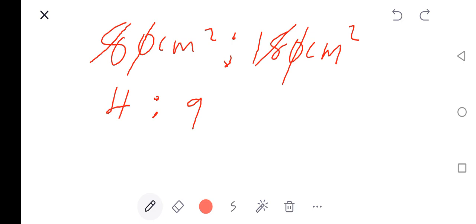So remember, our target is to find volume. So we can't find volume from this first, because this is area and they are looking for volume.